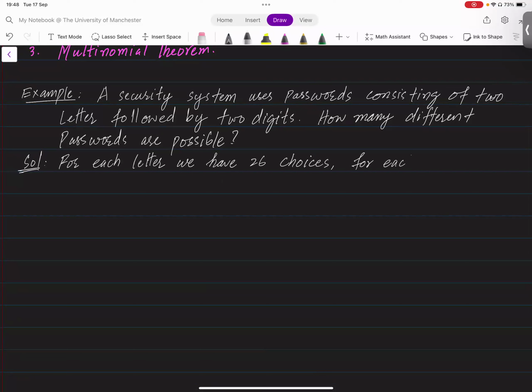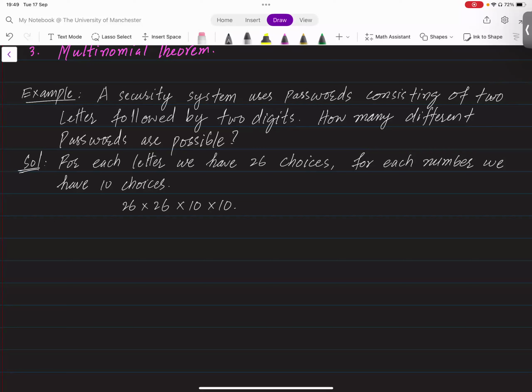For each digit, we have 10 choices. We claim the answer is the product of these numbers, like 26 multiply 26 multiply 10 multiply 10. This is the answer. The product of all these numbers is the answer to the question.